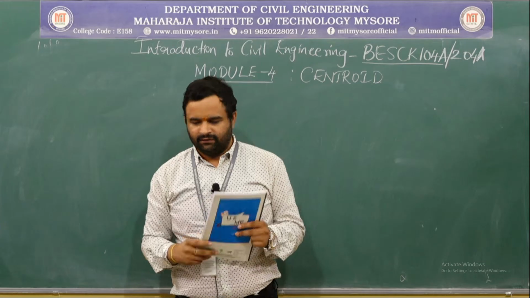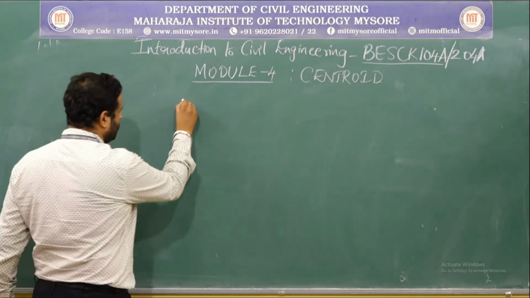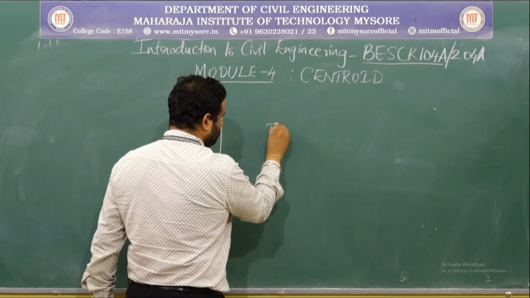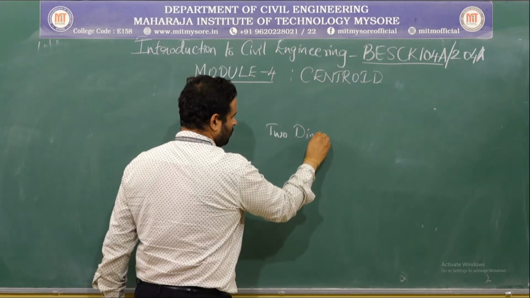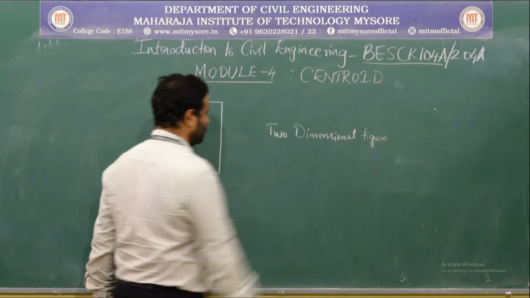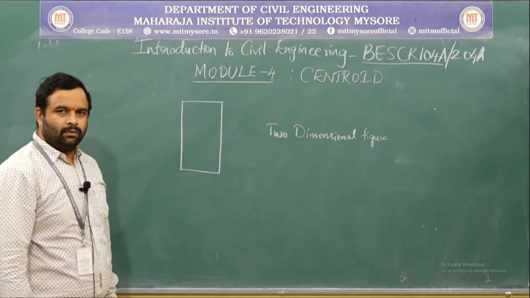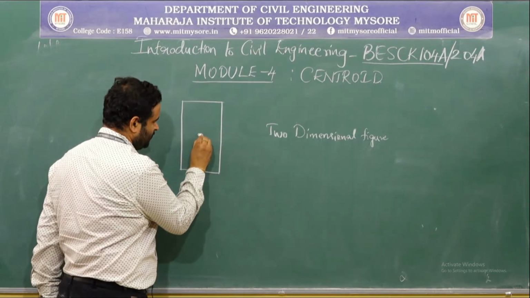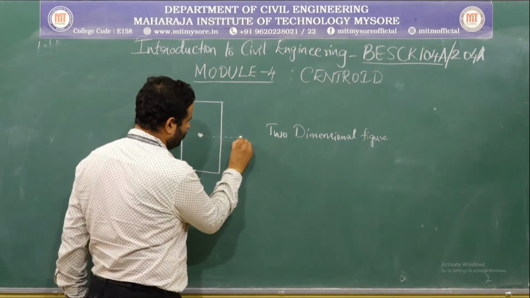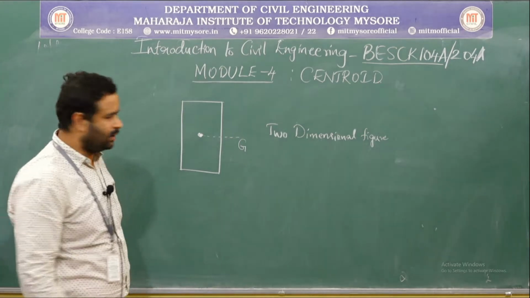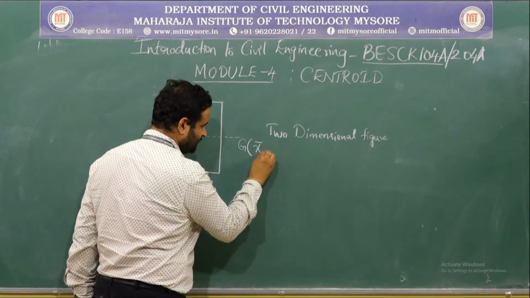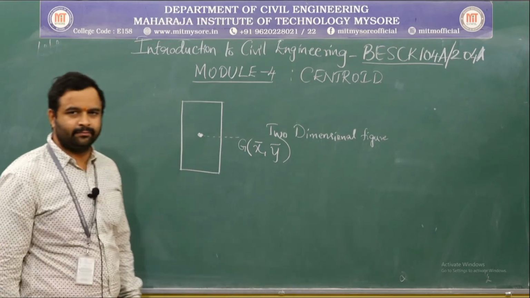Okay. So, if I take a rectangle, which is a 2-dimensional figure, now I will locate the centroid here, which can be denoted by the letter G, and it has to be represented with the help of its coordinates, say x bar and y bar.